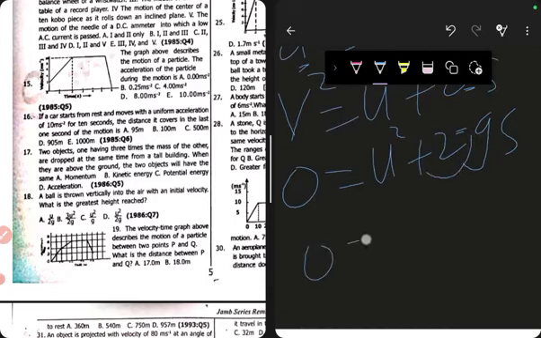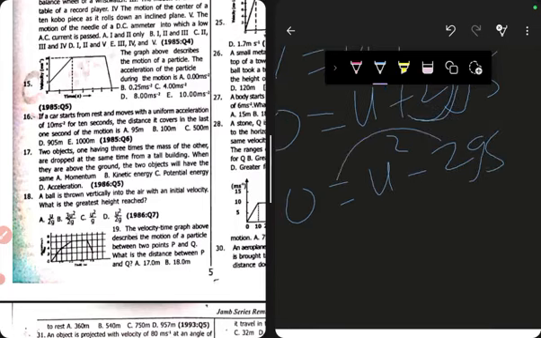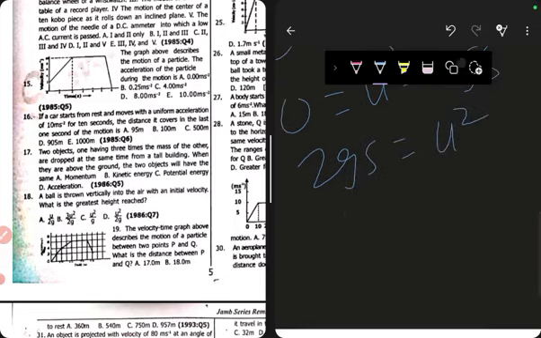So 0 is equal to U squared minus 2GS. Moving this to the other side, we have 2GS is equal to U squared. So S is equal to U squared over 2G, which is option D.